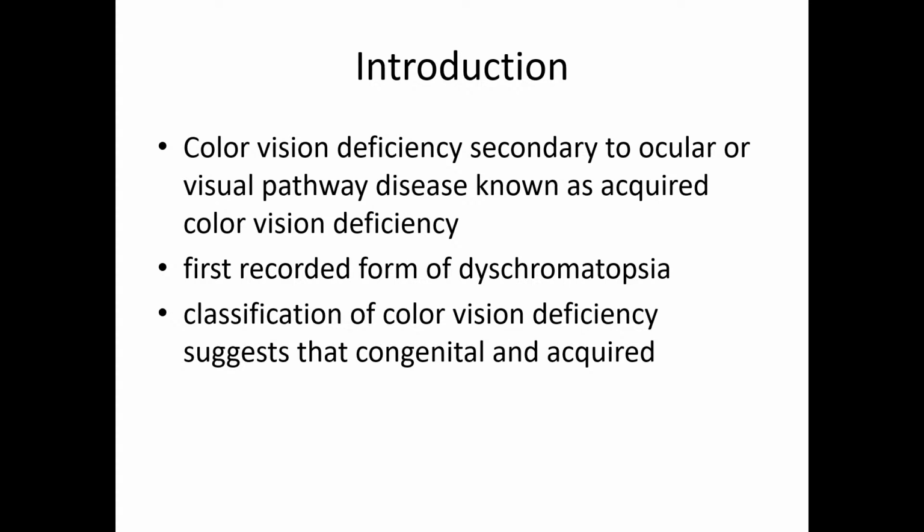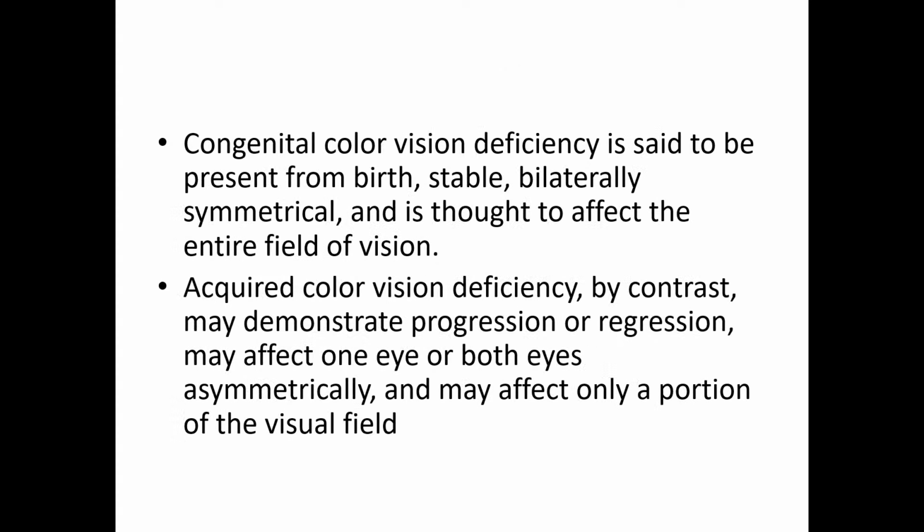Color vision deficiency is classified as congenital and acquired. Congenital color vision deficiency is present from birth, whereas acquired color vision deficiency is not present since birth. Congenital color vision deficiency is stable, whereas in acquired color vision deficiency progression or regression can occur.